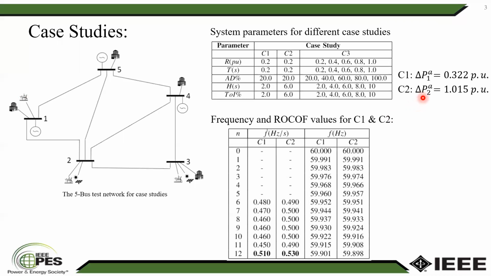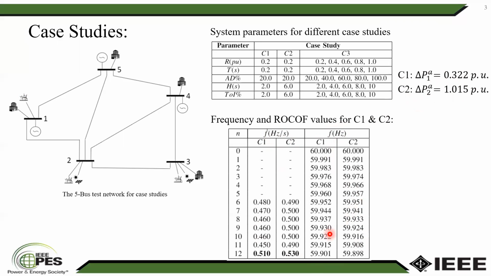The solver gives the result that if the attacker launches an attack of 0.322 per unit in case of C1 and an attack of the size of 1.015 per unit in case of C2, the ROCOF behavior and the frequency behavior of the power system would be as you can see in this table.